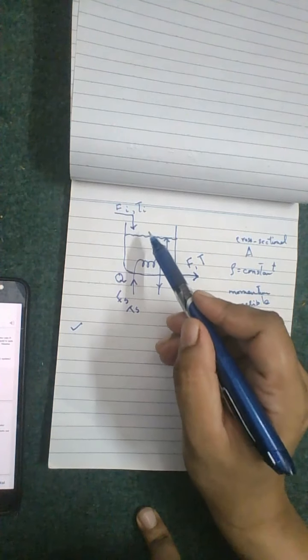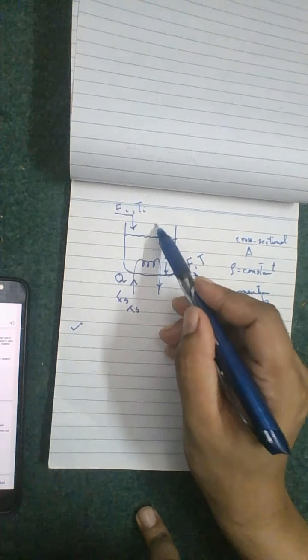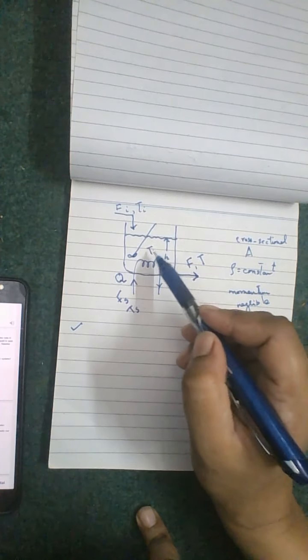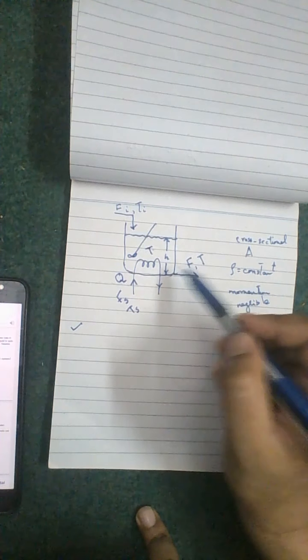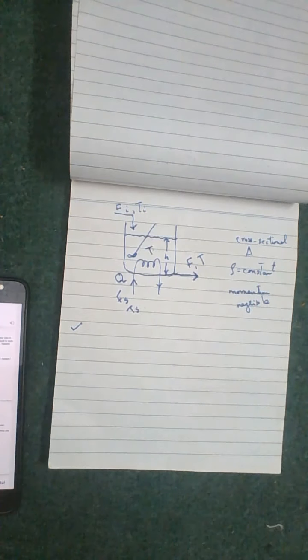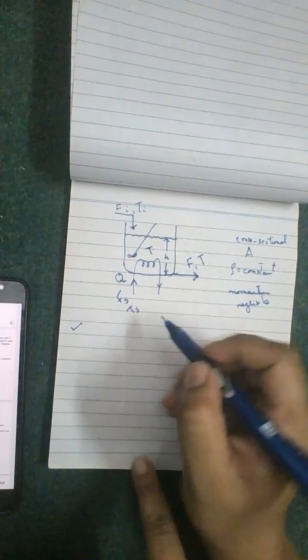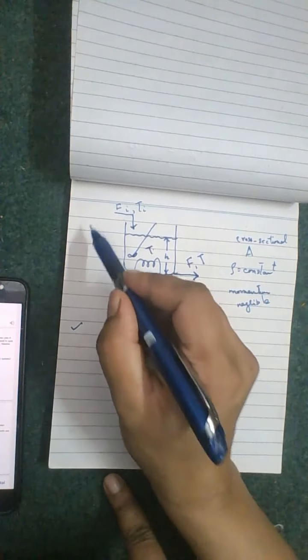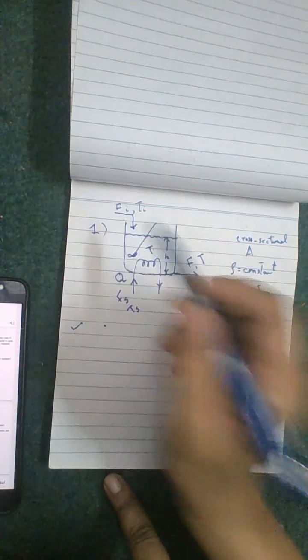Yes, the tank is thoroughly stirred, so the temperature of the liquid inside this tank is the same as that of the outlet. Okay. So constructing the flow diagram, part A, 1, we have done it.